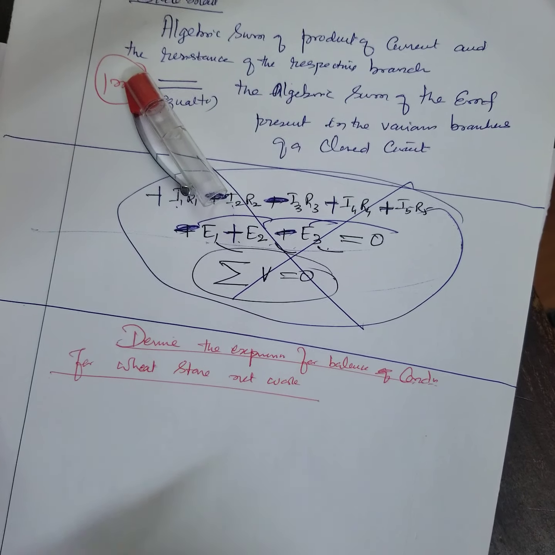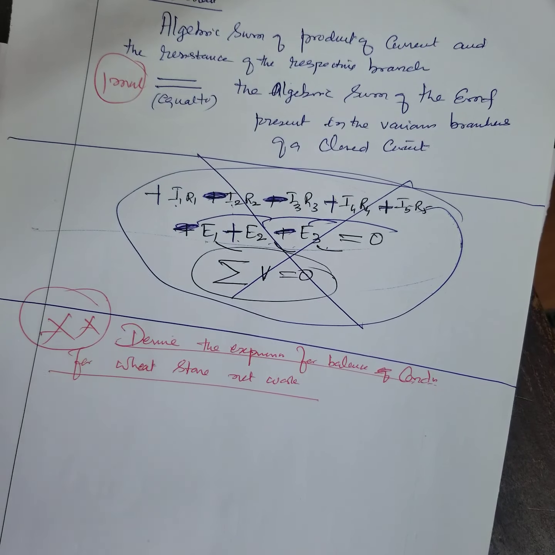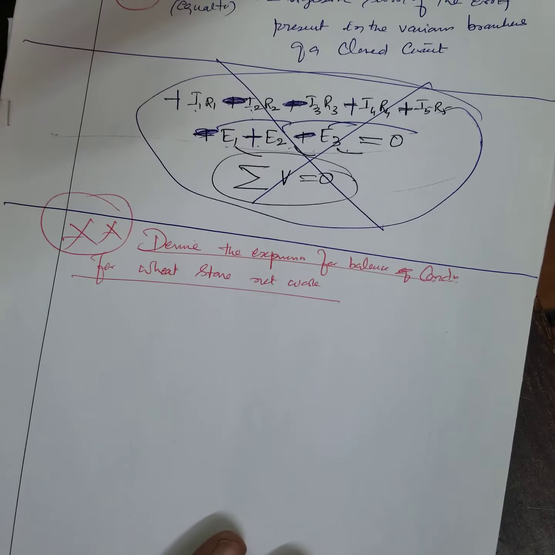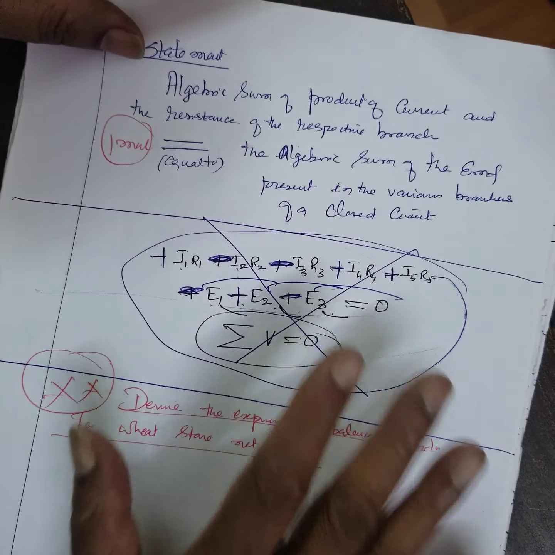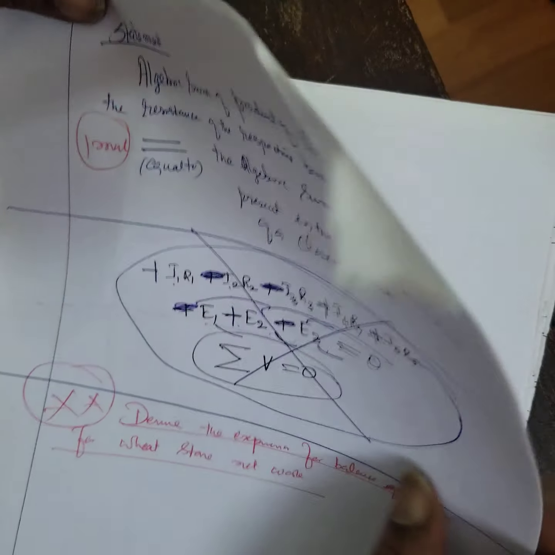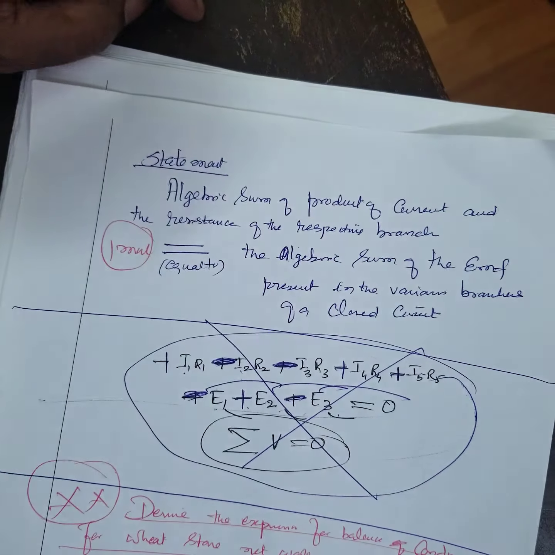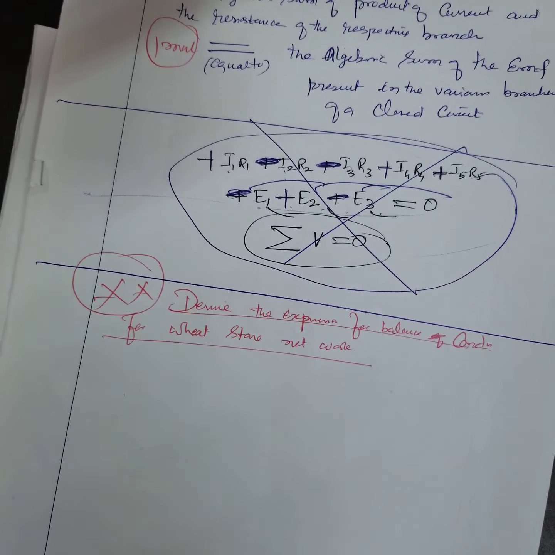This is a very, very important question. Often they keep asking. This I will do in the next class. Therefore, these two law statements, state and explain, do it perfectly. You are going to surely get 3 marks on this. And derive the condition, the expression for the Wheatstone network, I'll do in the next class.